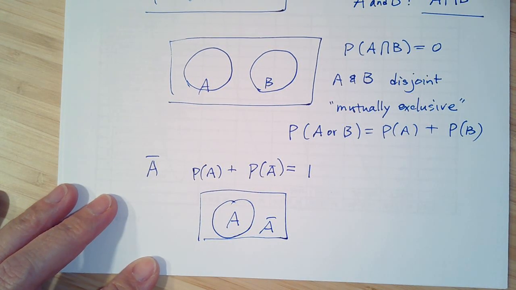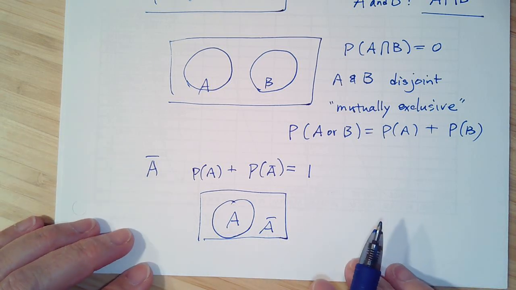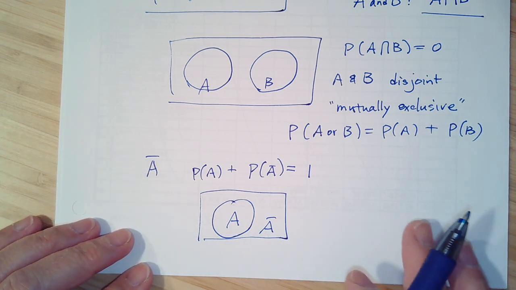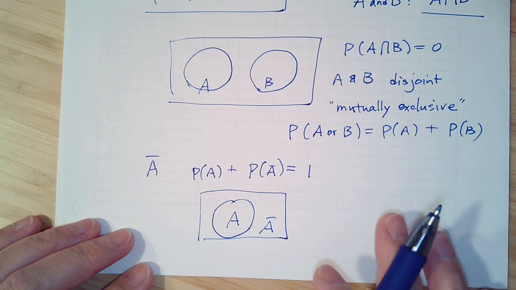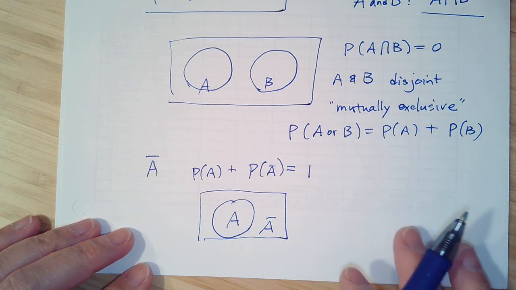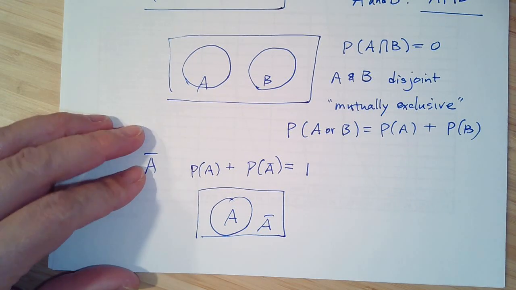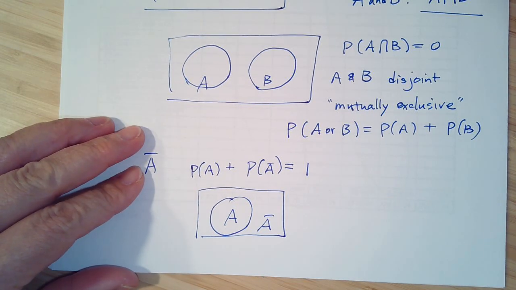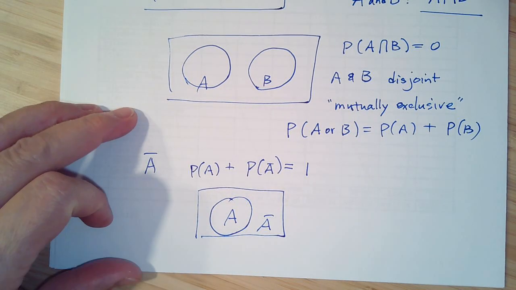So someone was either born in Virginia or outside Virginia, and they are mutually exclusive. They are also complementary events, but they are mutually exclusive. Nobody can be born in Virginia and at the same time not in Virginia, which is impossible. So that's a special case of mutually exclusive.